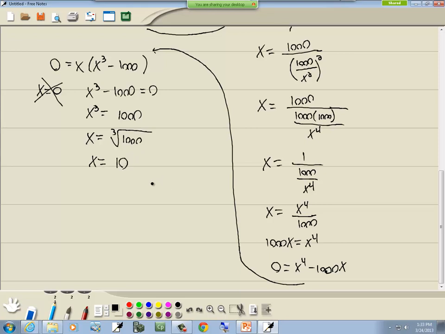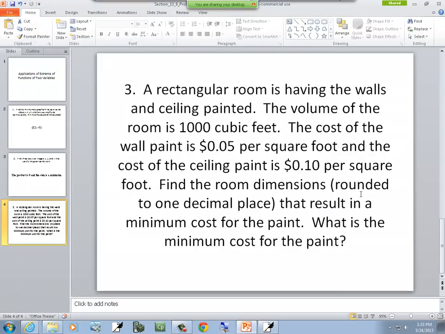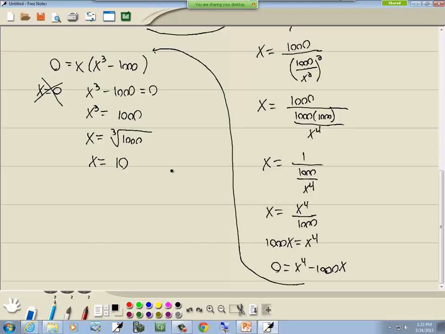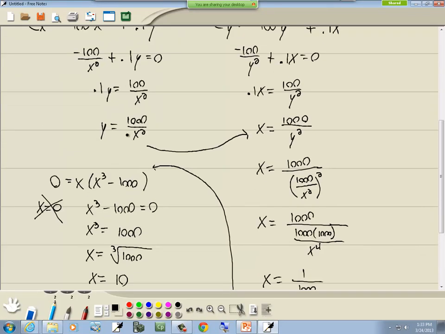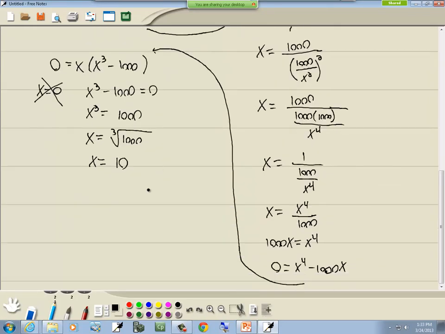Now the question is, find the room dimensions. So we need to find x, y, and z first, and then we'll find the cost. Well, y is equal to 1,000 over x squared. And x was 10, so we've got 10 squared, which is 100, which tells us y is equal to 10.